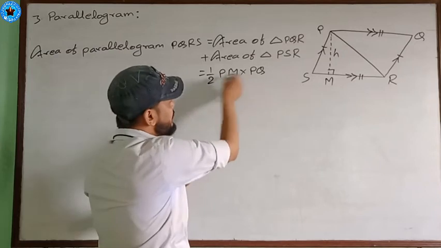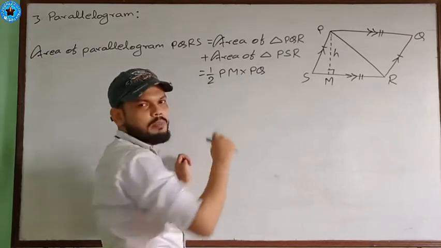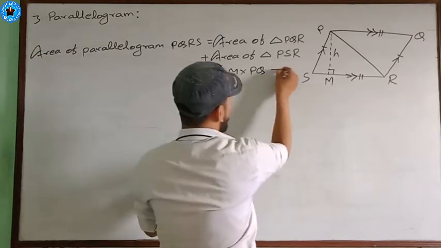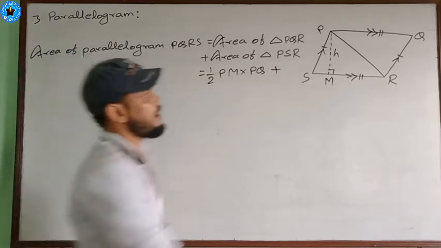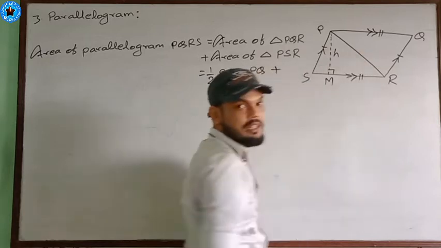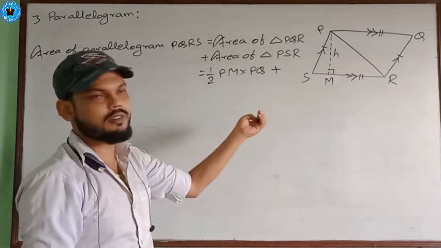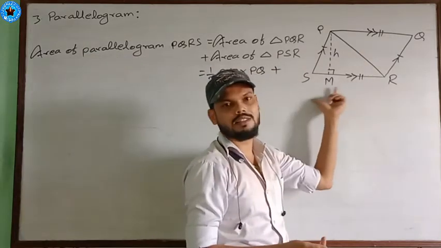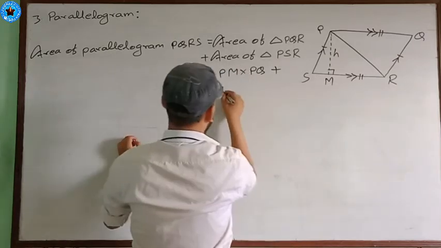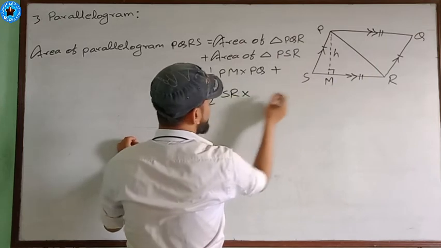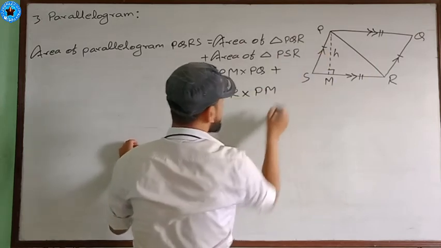You can write PQ into PM or PM into PQ, it doesn't matter. And plus, now we have to find the area of triangle PSR. In this figure we are clear that SR is the base. So half base SR into height PM.